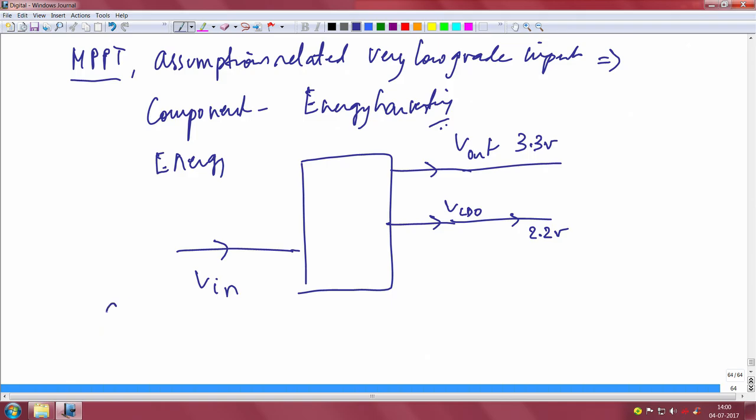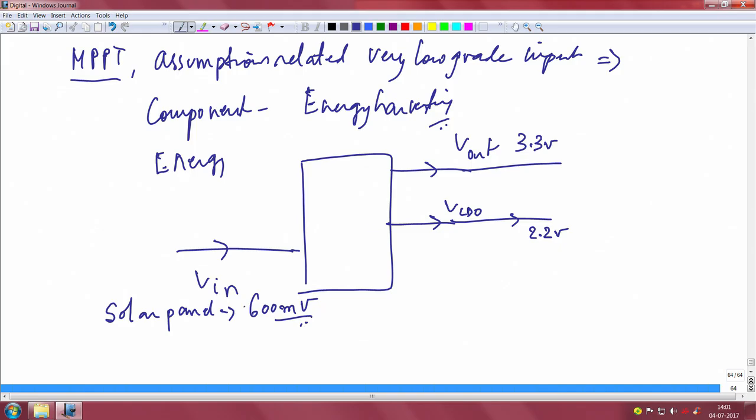If you take a solar panel as a possible input, a single solar panel will measure, under bright sunlight conditions, a maximum of about 550, or 600 maximum millivolt.